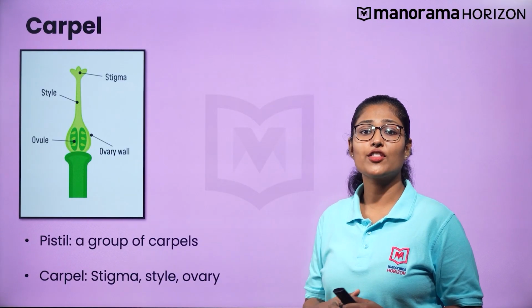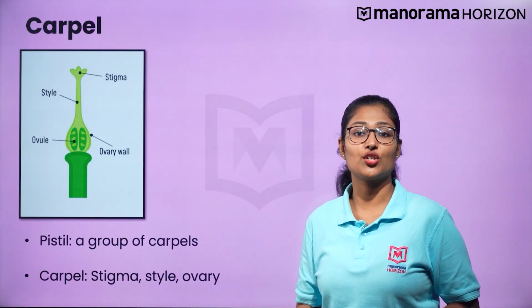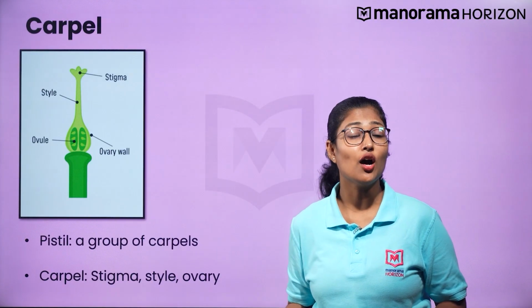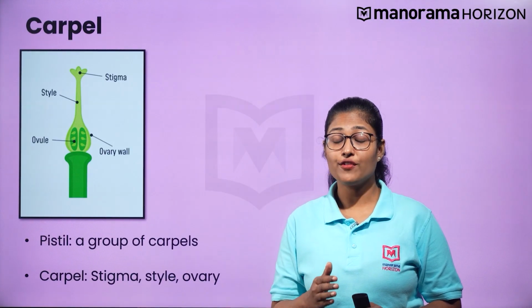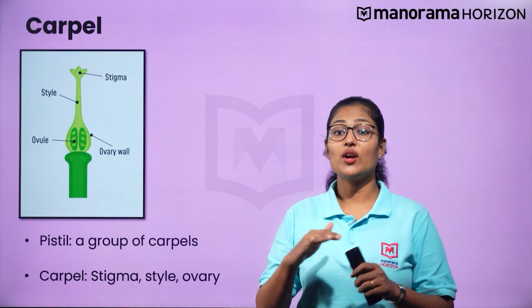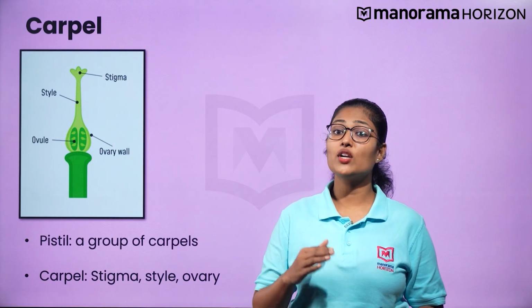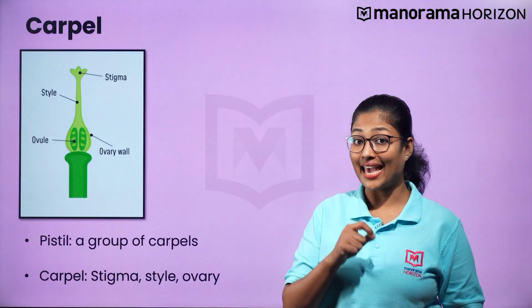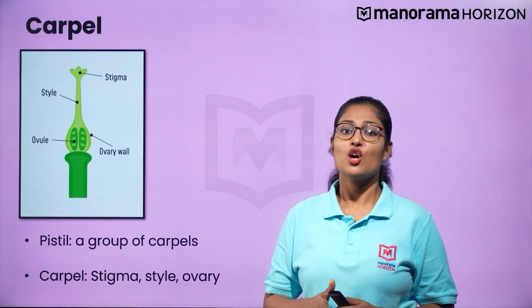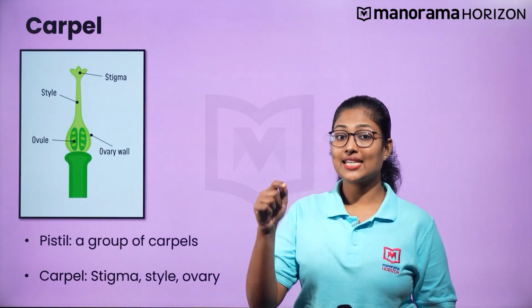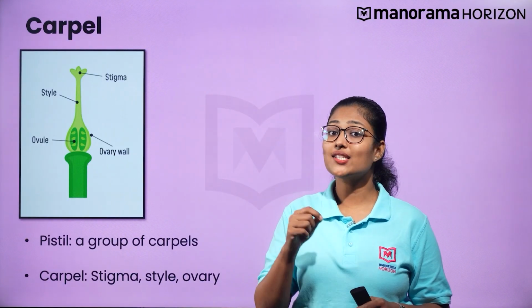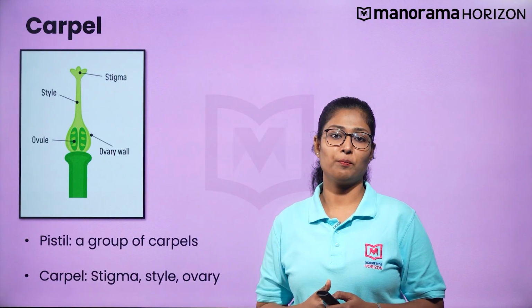The style of the carpel is a neck-like structure through which the pollen grains carry the male gametes to the ovary. The ovary of a carpel is a swollen structure and bears one or more ovules. You should know that an ovule has egg cells present in it. So, the male gametes carried by the pollen grains enter the ovary to reach the egg cell of the ovule.